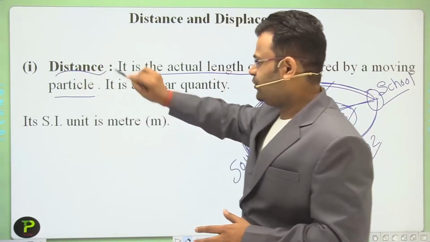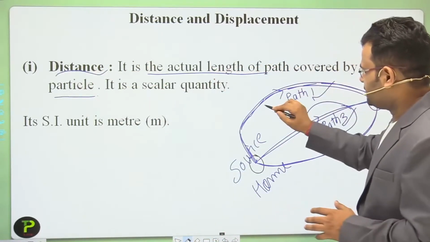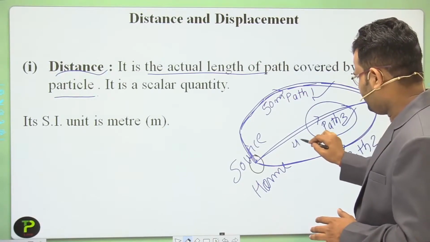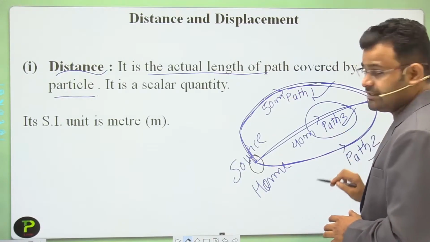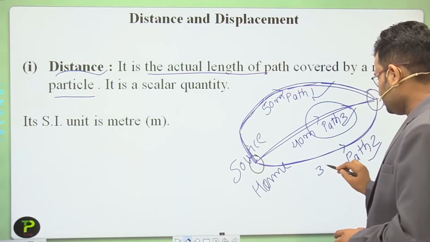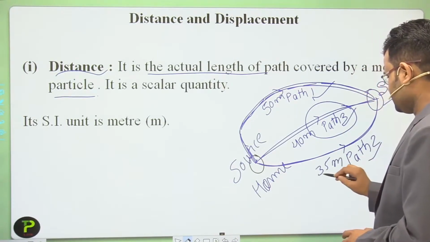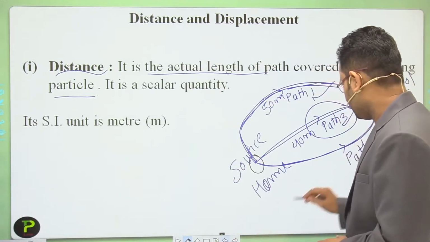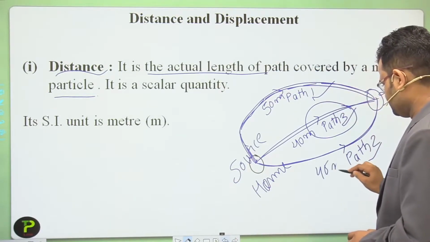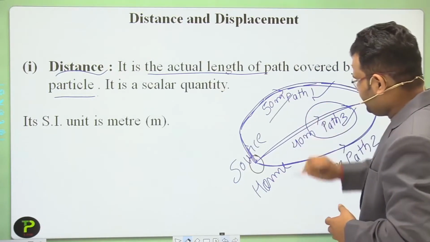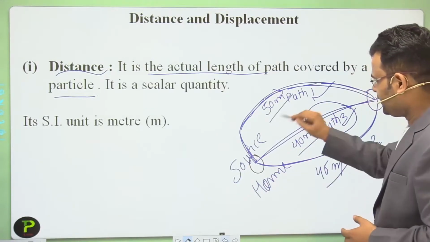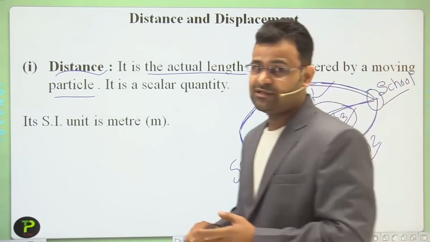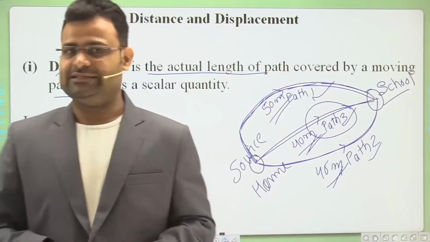If you have 50 meter, yes, it is a distance. If you have 40 meter, yes, it is a distance. Sorry, not 35 because it has a larger distance, so we use 45 meter. Okay. 40 meter, 45 meter, 50 meter, all are distances. All paths have distances.